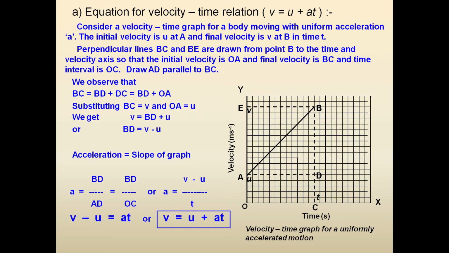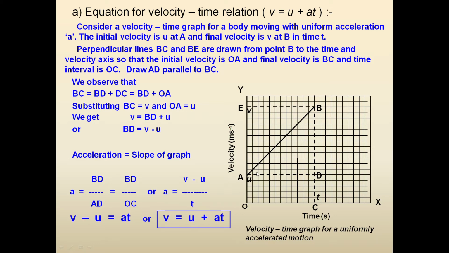Now you just look into the graph here. Pay attention to the graph. Initial velocity u is shown by this point A and final velocity v is shown by this point E here, and this AB is the graph line.